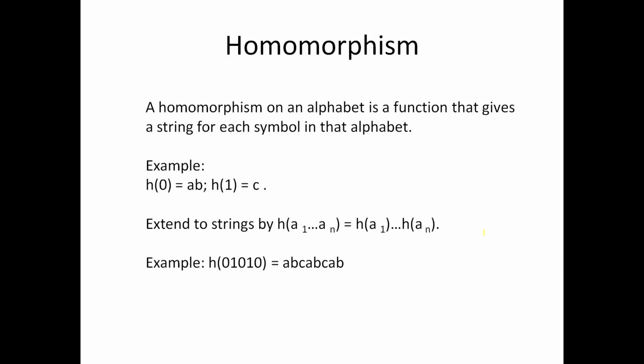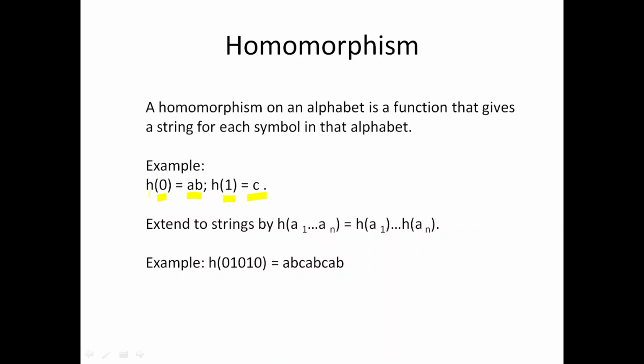Here we are substituting each and every symbol, each element of sigma, with a single string. So you have 0, which is an element of sigma, and you substitute it with a string. You have 1, which is an element of sigma, and you substitute it with another string c.